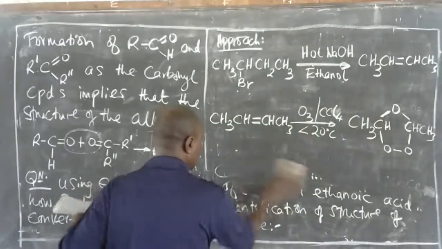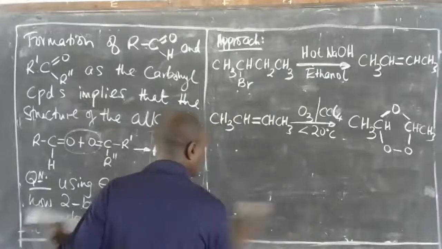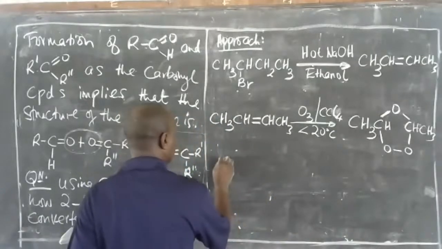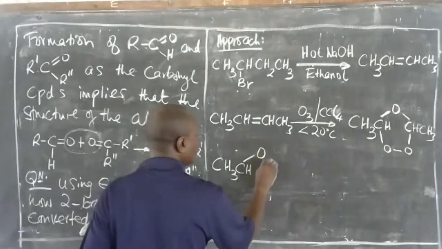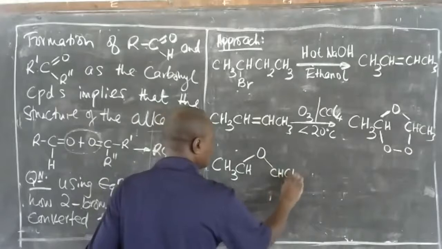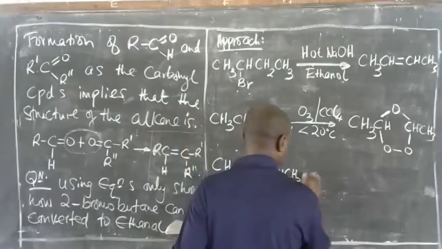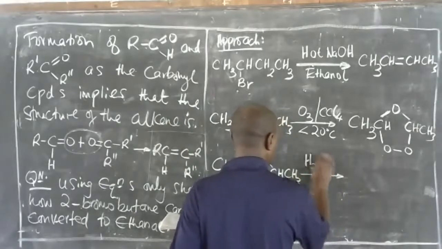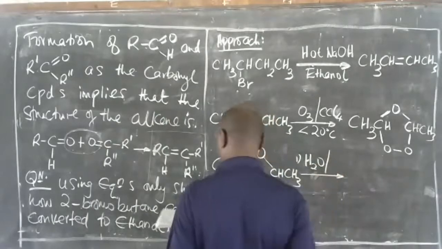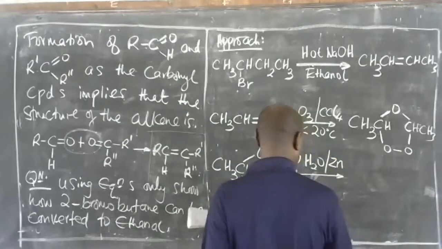Then carry out the ozonolysis of the ozonide. We are going to have CH3 CH, O, CH, CH3, O. We said you add water in the presence of zinc and ethanoic acid.